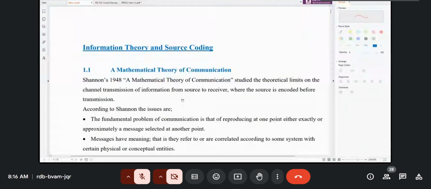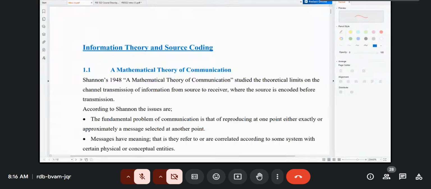What really Shannon gave us is... sorry, my camera seems to be frozen. I think it's okay since you can hear me.